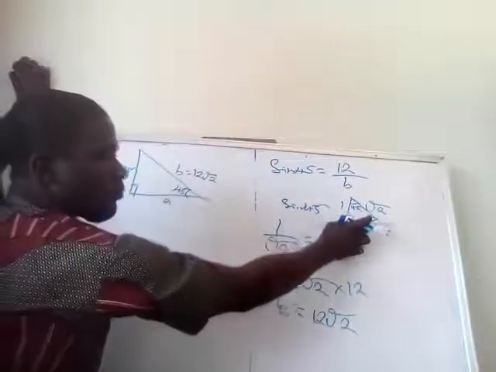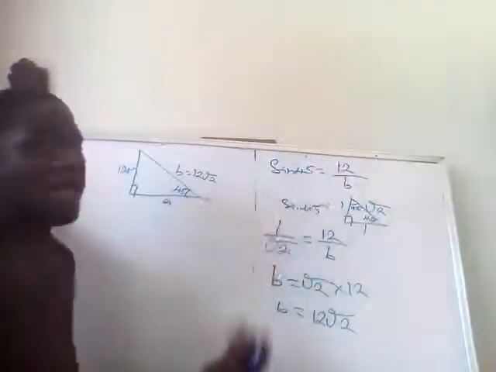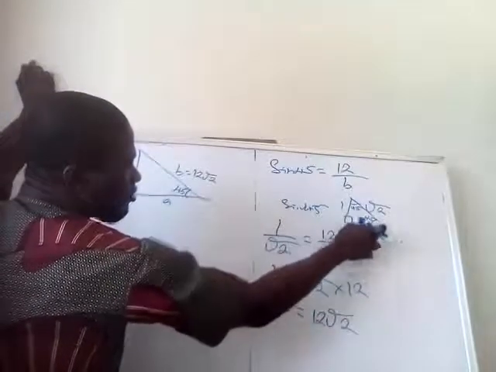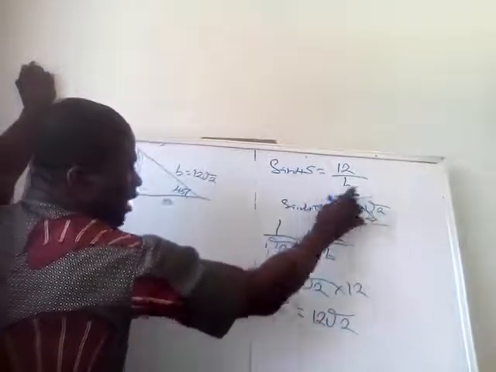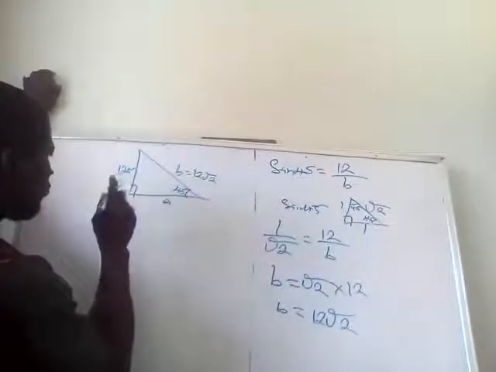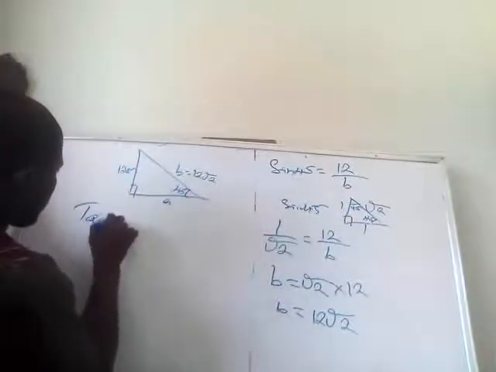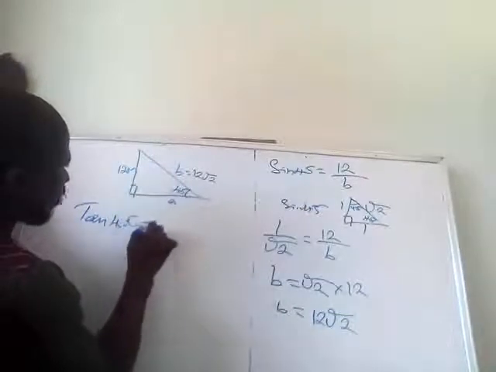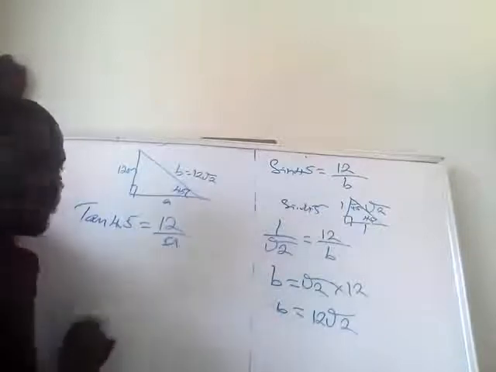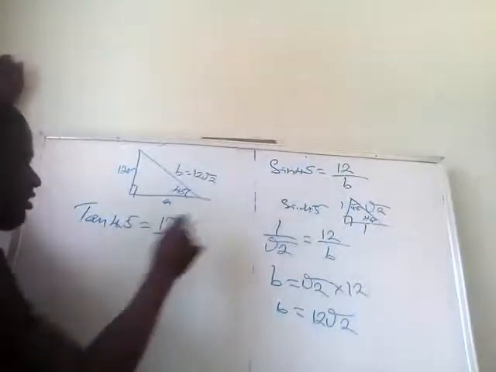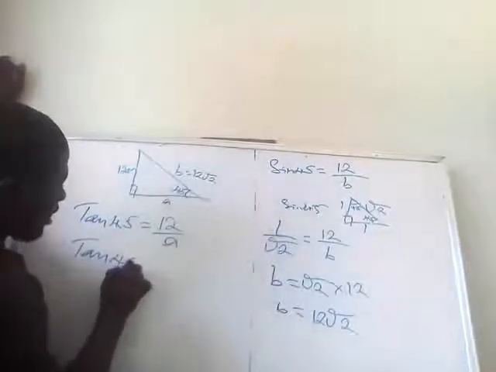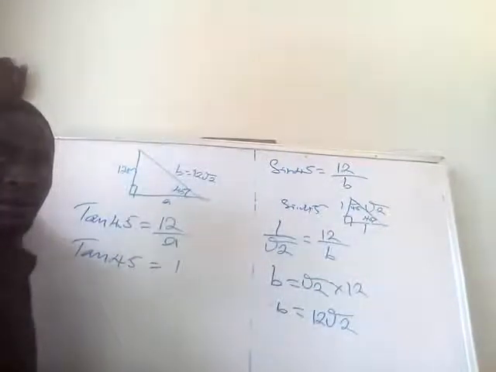From here now, opposite over adjacent is tan. So tan 45 is equal to 1. So you have tan 45 is equal to 12 over A. And we have just established that tan 45 is equal to 1.